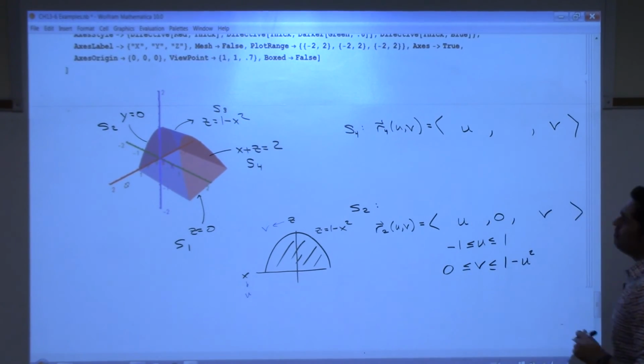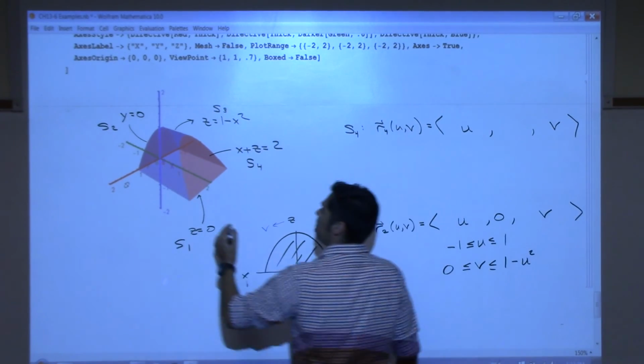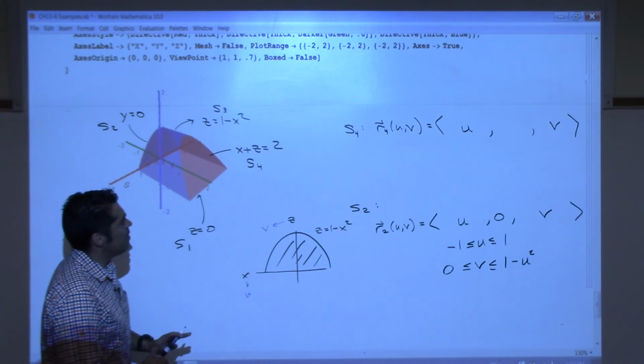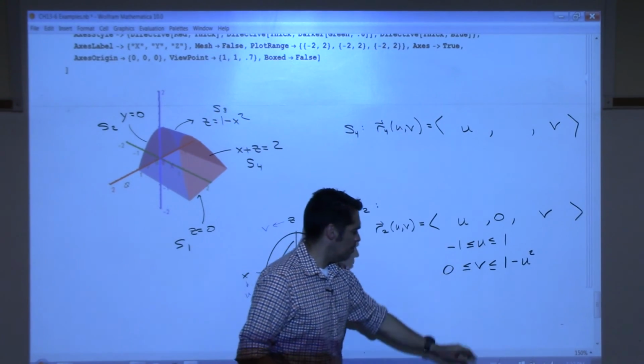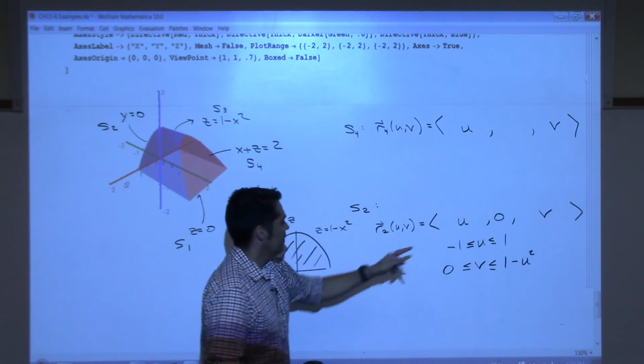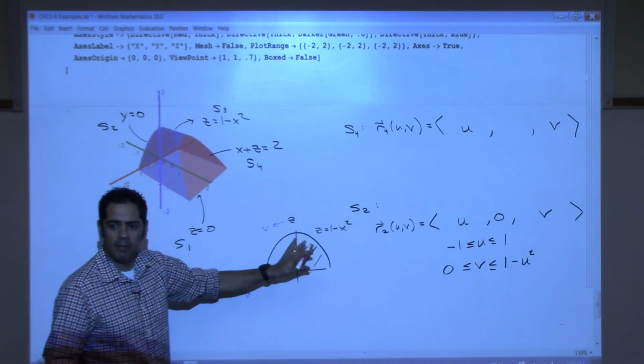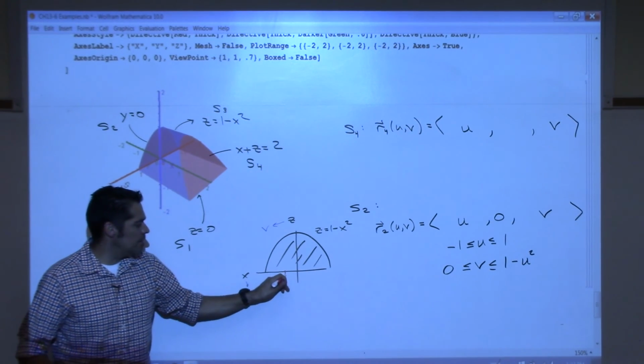But what about the y coordinate? It's fixed, right? The way you can think about it is, if we use the same restrictions here, that's going to draw this, right? So I pick some u value.